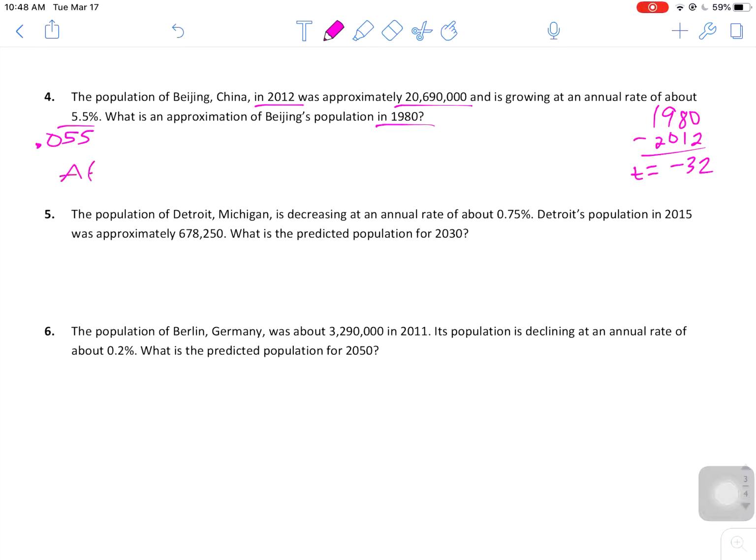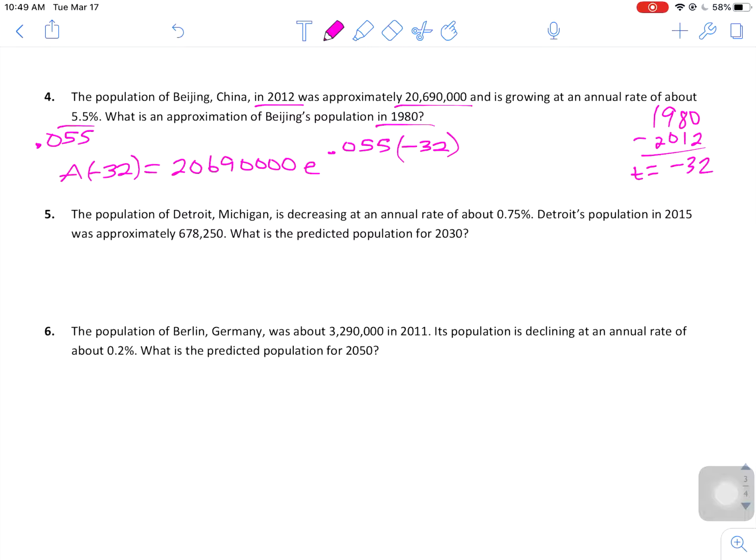So we'll do A of negative 32 equals the initial value, that big number, 20,690,000. Our rate is always written as a decimal, so 0.055, and our t-value is negative 32.